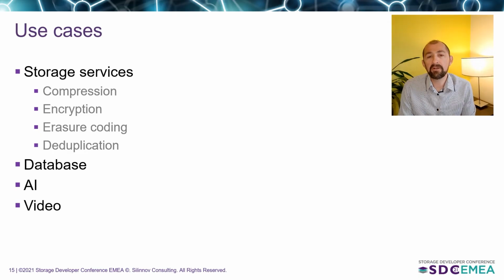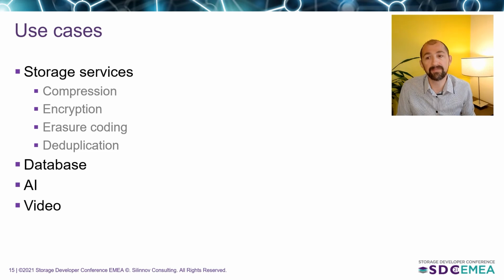Then, how do we use computational storage technologies in the real world? The main targeted market and application for computational storage are the storage services with compression, encryption, erasure coding, and deduplication. Why storage services? Because this is the easiest way to integrate such a system, because that will not modify the application at all.